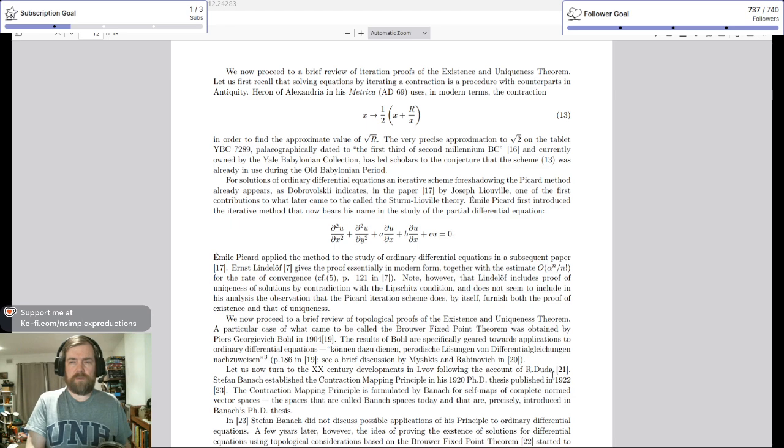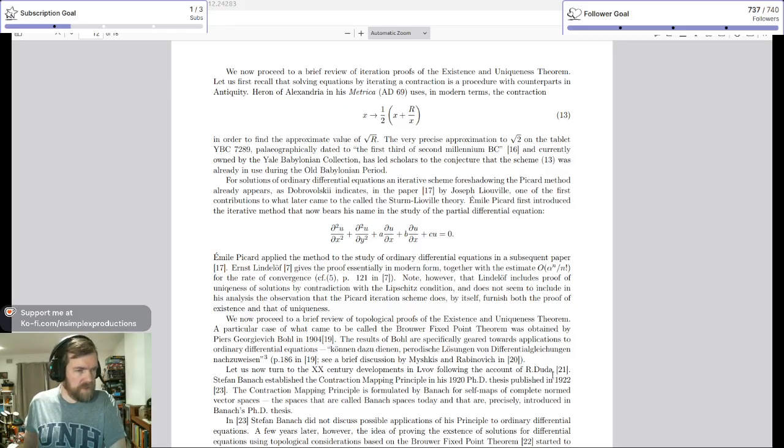A very precise approximation of root 2 on the tablet YBC 7289, paleographically dated to the first third of the second millennium BC, and currently owned by the Yale Babylonian Collection, has led scholars to the conjecture that the scheme was already in use during the Old Babylonian period.